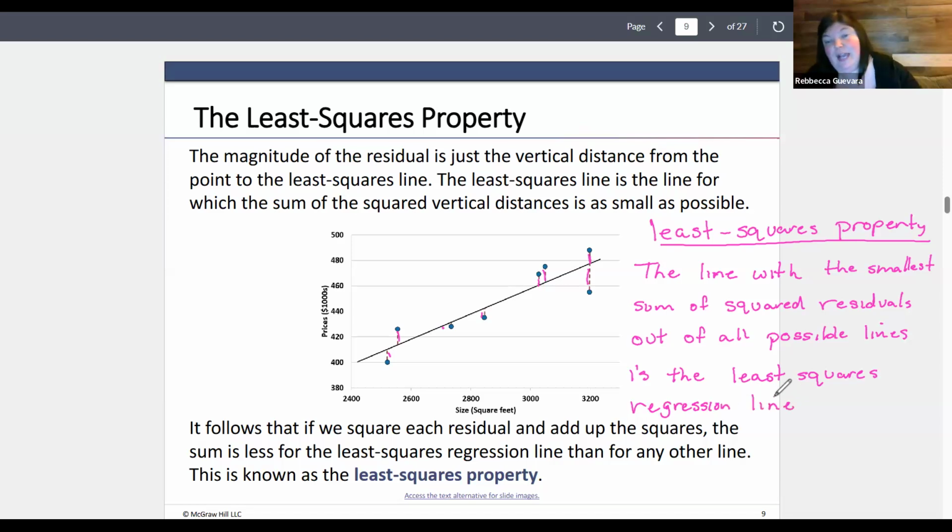So the formula that we had that told us what our least squares regression line was made to try to find the line with the smallest sum of squared residuals. Really what it's using is, like I said, the combination of the averages and the standard deviations that you're seeing in your data.